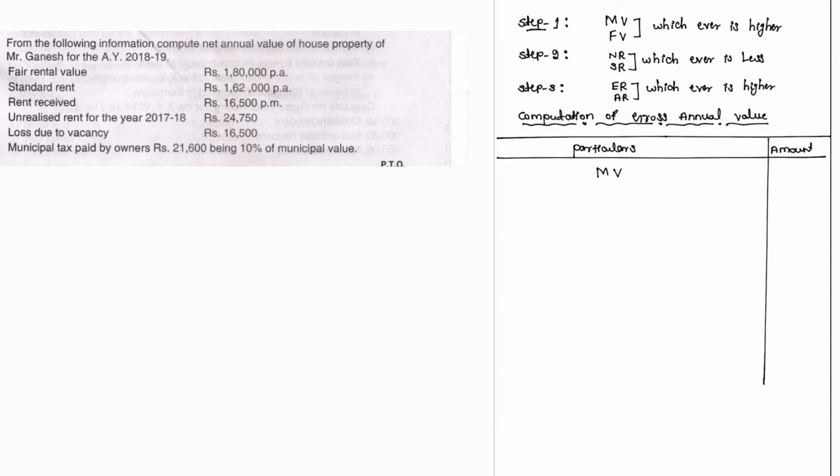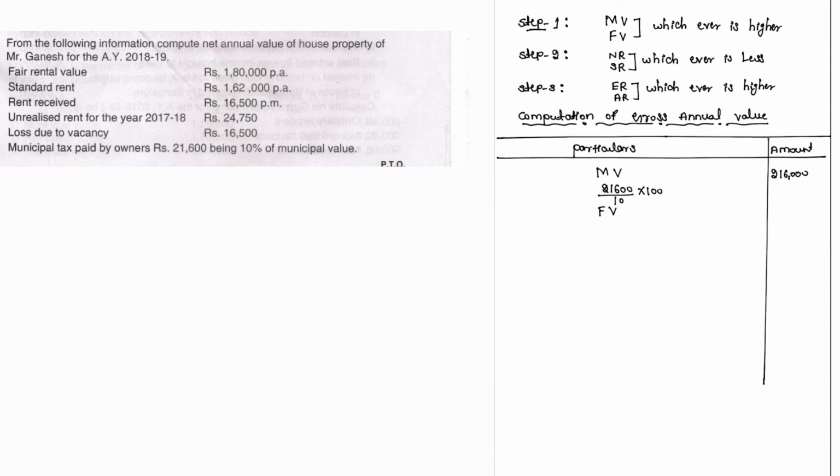So 21,600 for 10% means for 100% how much we have to identify. For 100%, if you multiply, you will get municipal value 2,16,000, or fair value.